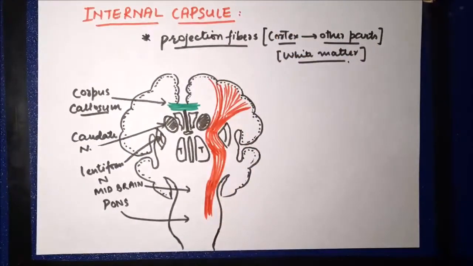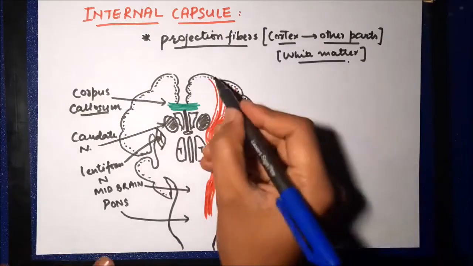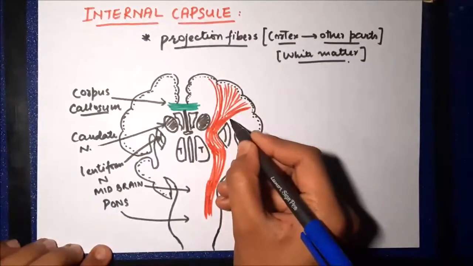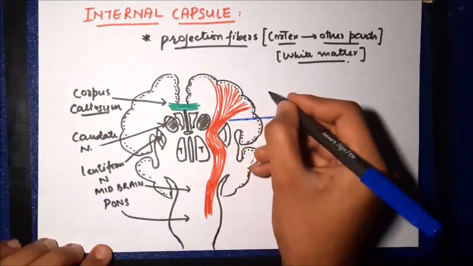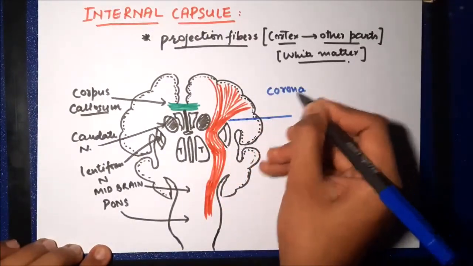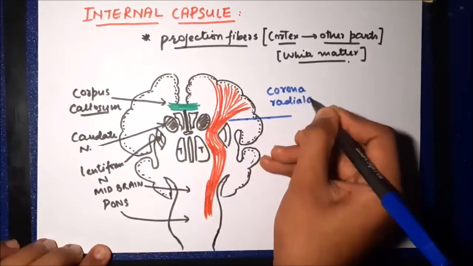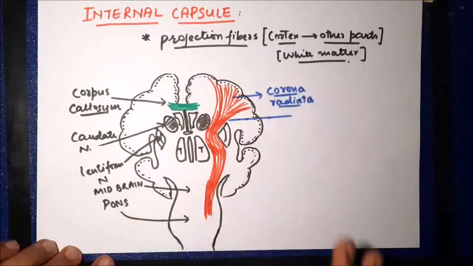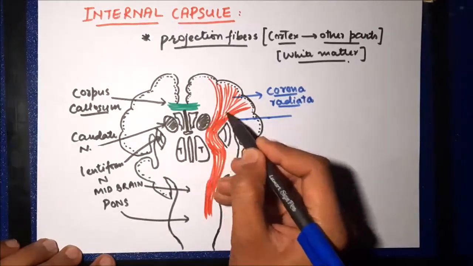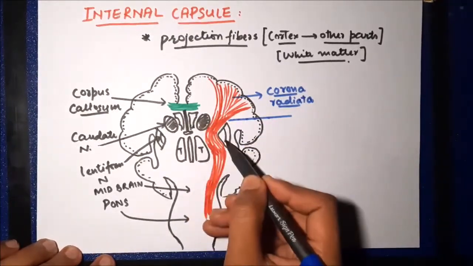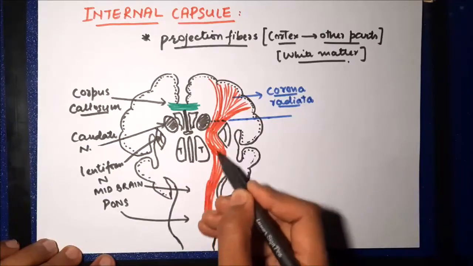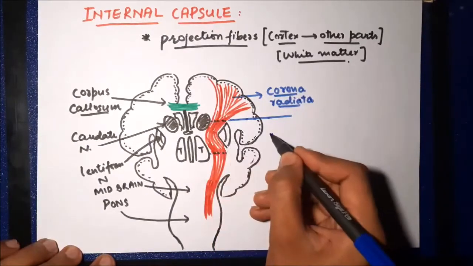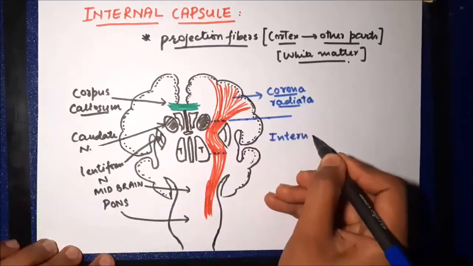The part where these fibers come down from the cortex is called corona radiata. So corona radiata is formed when these fibers come down from the cerebral cortex, and when these fibers converge, the part which is present between these nuclei is called internal capsule.